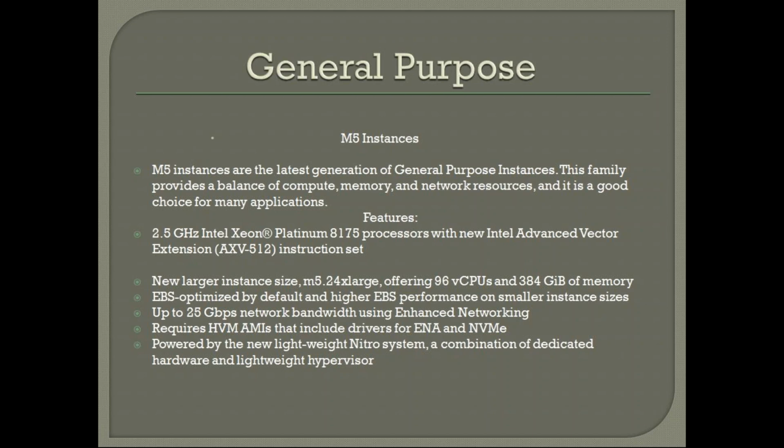EBS optimized by default and higher EBS performance on smaller instances. What they are telling here is EBS is Elastic Block Storage. As I said, there is another storage in AWS named Simple Storage Service. The difference between Simple Storage Service and Elastic Block Storage is that Simple Storage Service is object storage.